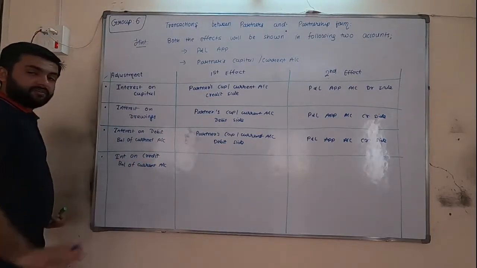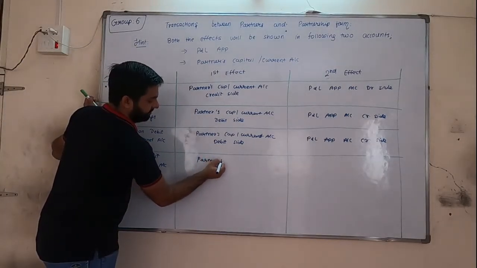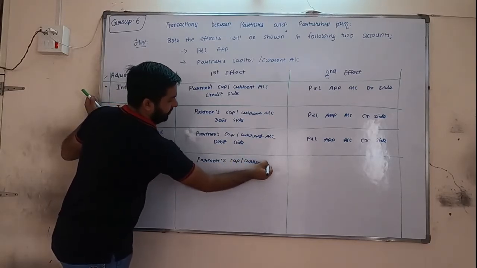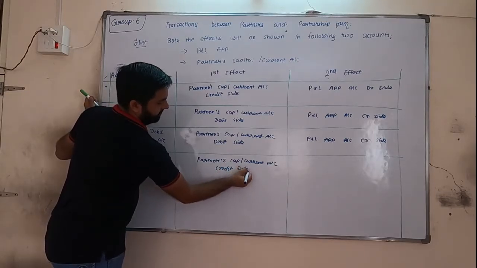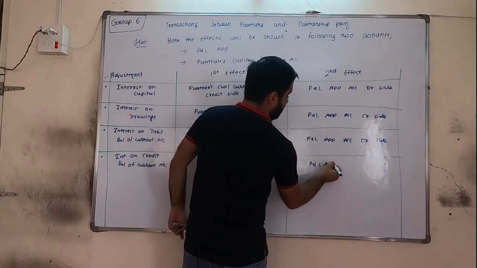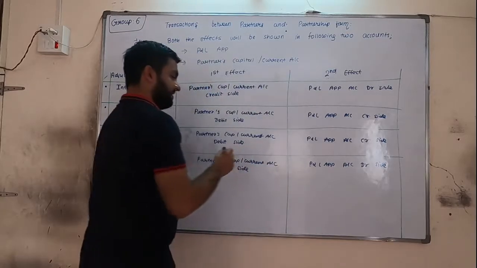So this is interest of credit balance. Credit balance means credit side. So partners capital or current account credit side, P&L appropriation account debit side. If one is credit other is debit.